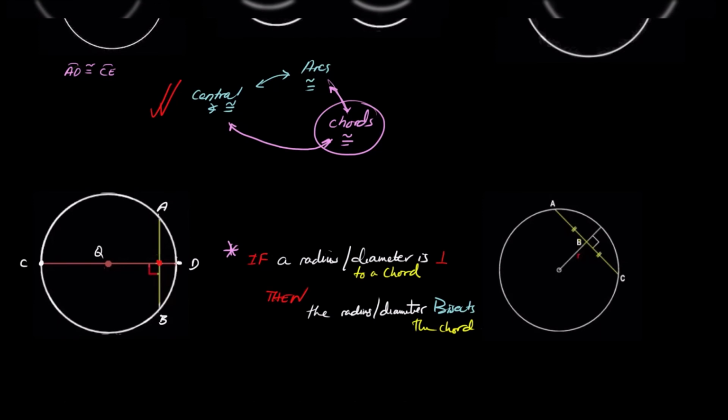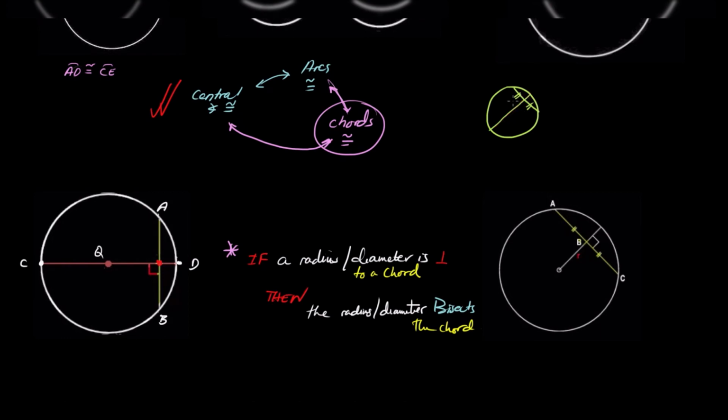Now, there's a slight nuance to this, and if you appreciate this, you'll understand something quite remarkable. The corollary is, if you have two chords in a circle, such that one of the chords is a perpendicular bisector of the other chord, what does it say about this first chord?